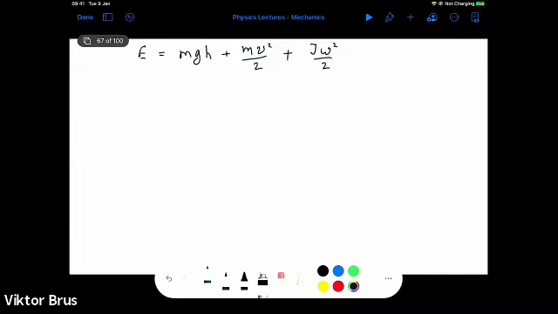So now the important part is to understand very clearly how we are going to calculate this moment of inertia.